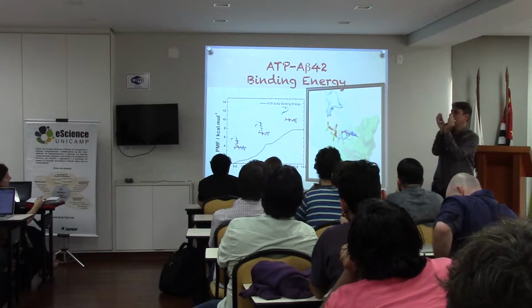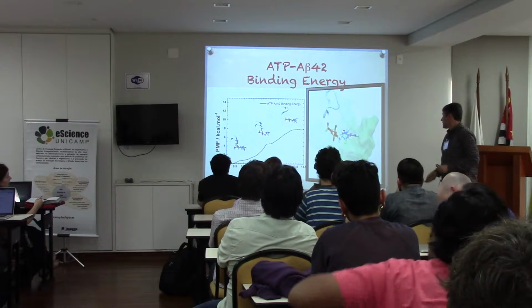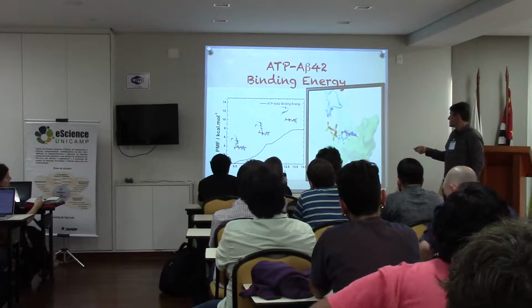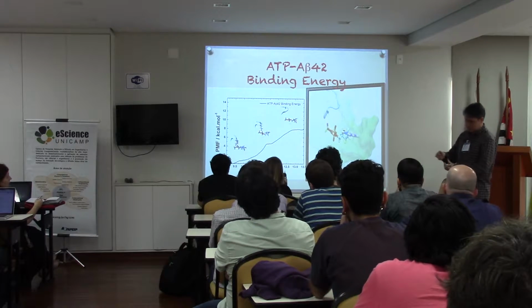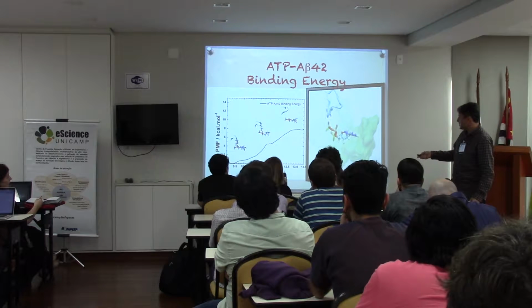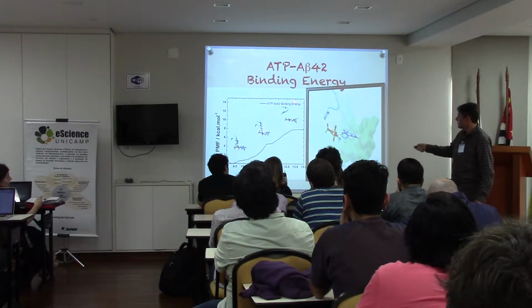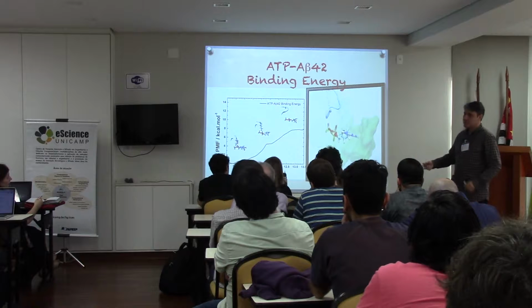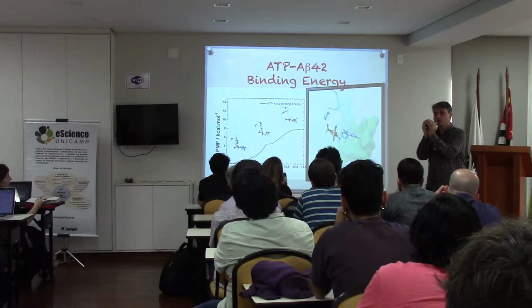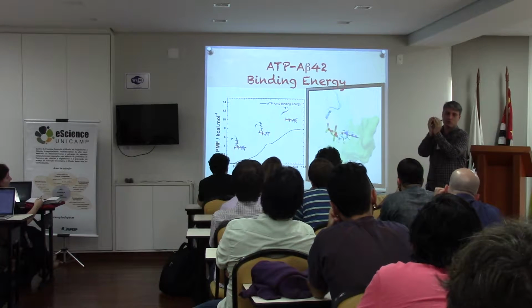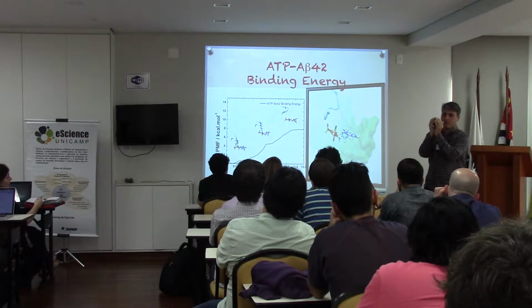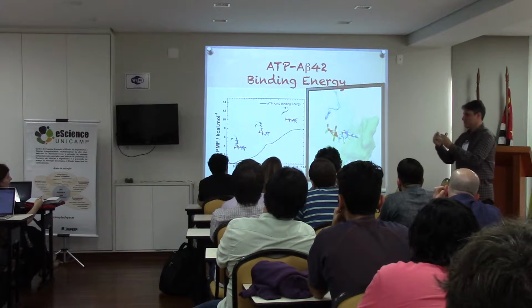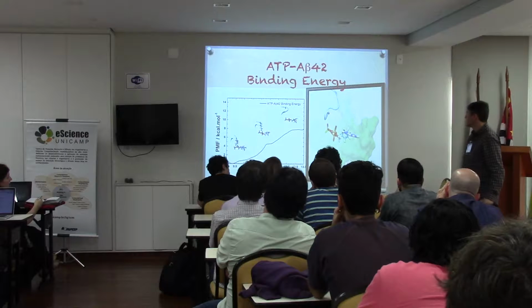It doesn't open anymore. This is the simulation that was looking at the interaction of the amyloid beta with ATP. So it keeps the enzyme in a closed conformation, so it doesn't open to release the products.